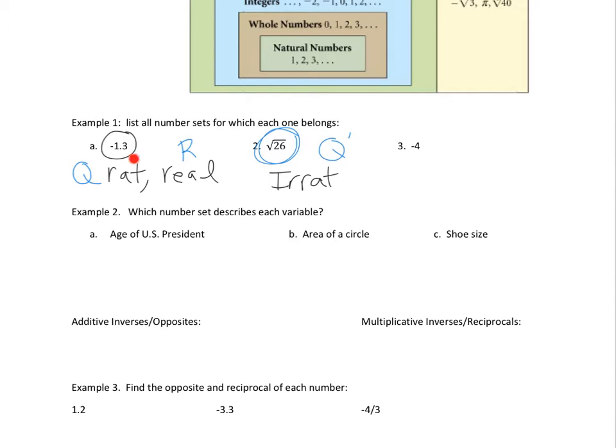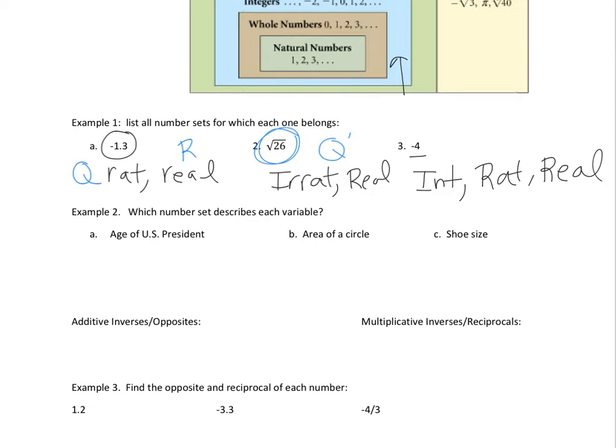So rational number is a Q, irrational is a Q prime, not rational basically. And then -4 fits under here with the integers. So if it's an integer, it's automatically a rational number, and it's automatically a real number. So on here I should have put real number as well.